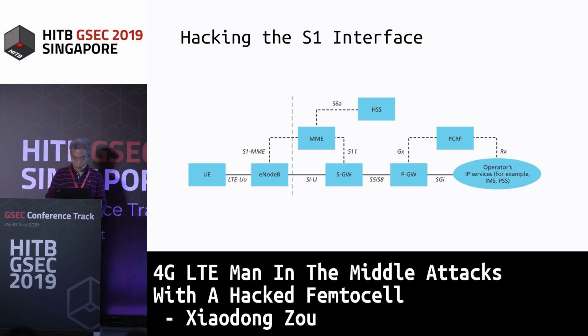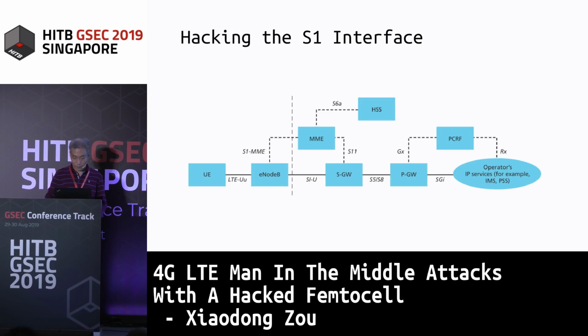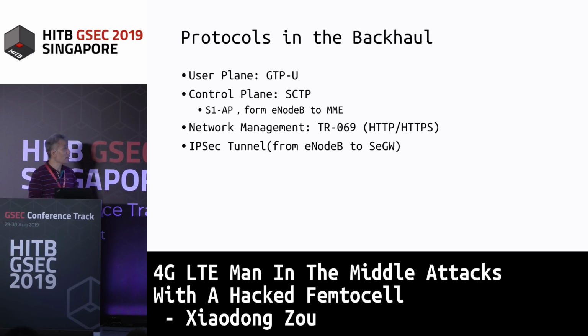So we could attack it. The protocols in the backhaul are not only the user plane and the control plane, but also network management based on HTTP and HTTPS, and sometimes IPsec.